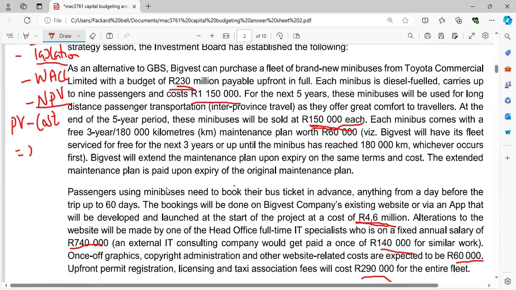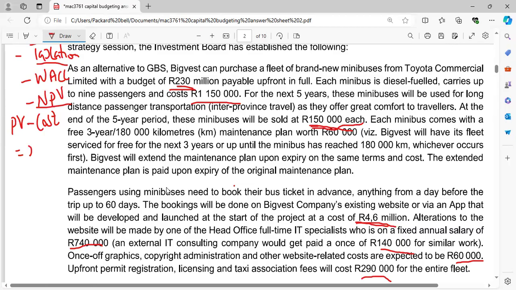Then Bybase will have its fleet service for free for the next 3 years or up until the minibus, whichever comes first. Then Bybase will extend the maintenance plan upon expiry on the same terms and cost. The extended maintenance plan is paid upon expiry.